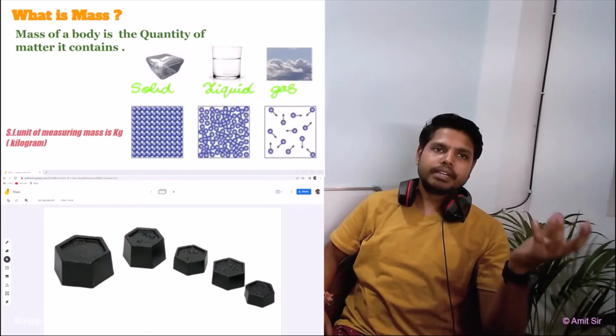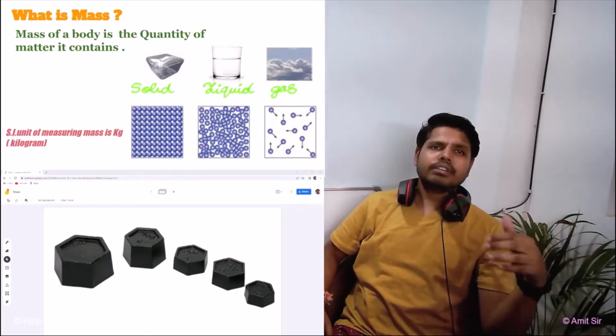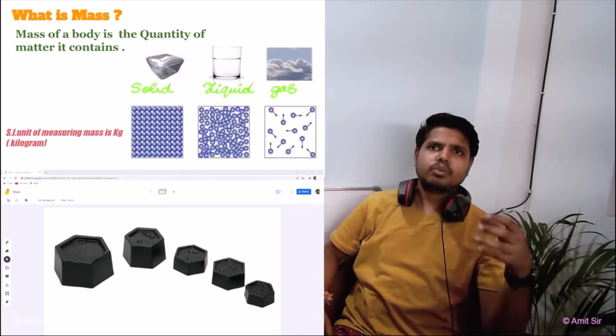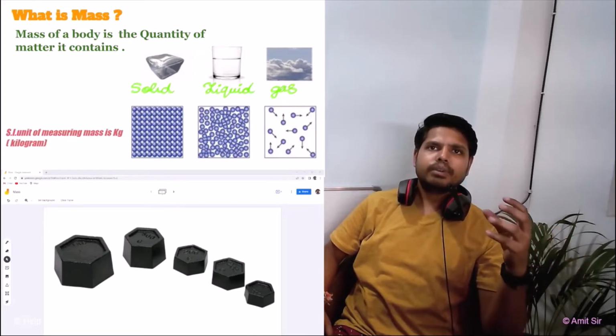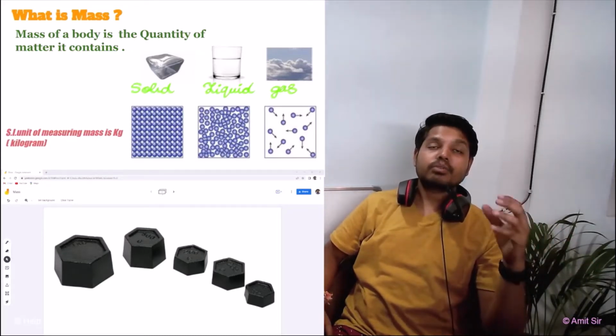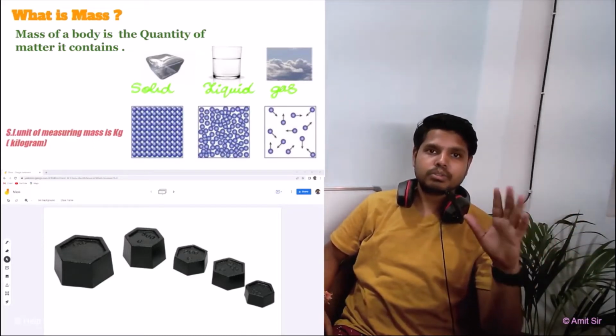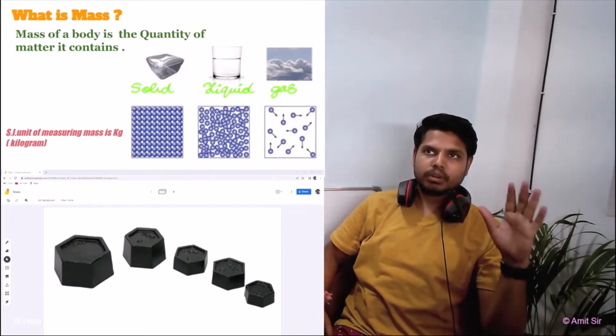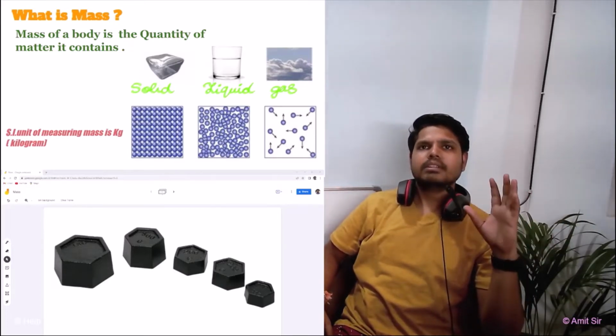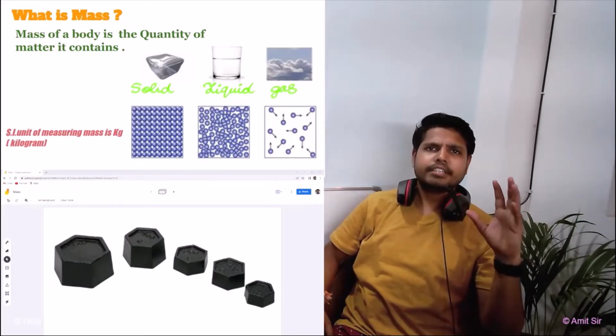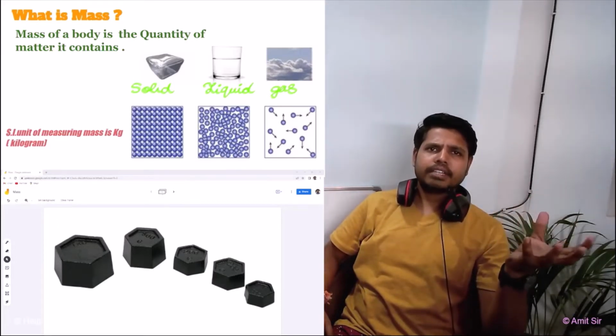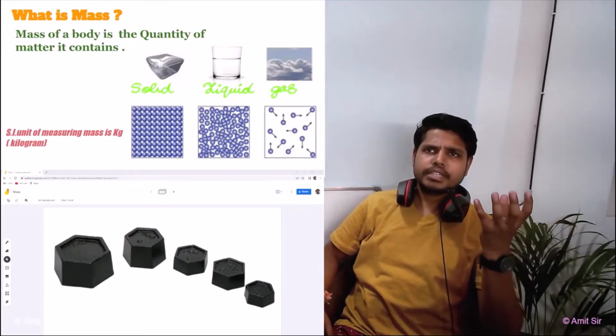Particles are made up of matter, atoms, or eventually they are made up of matter. So less amount of matter weighs less. Okay, so we are not going to use the word weight because we are talking about mass. So mass is basically the quantity that defines the amount of matter a body contains.